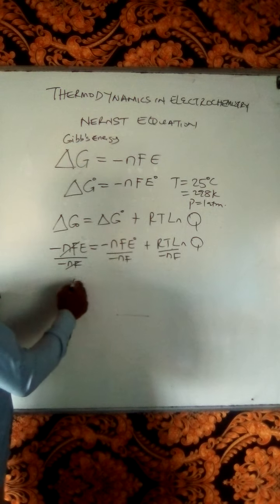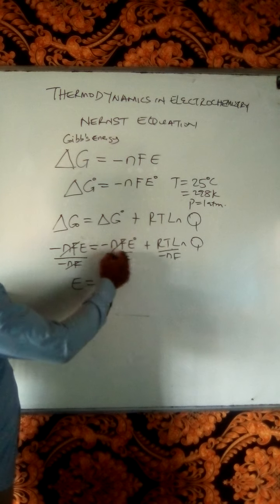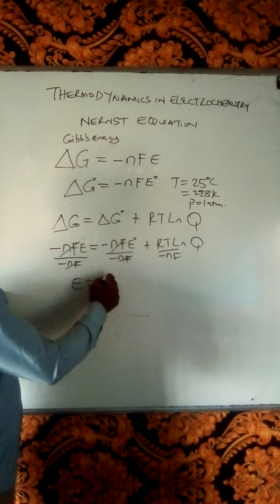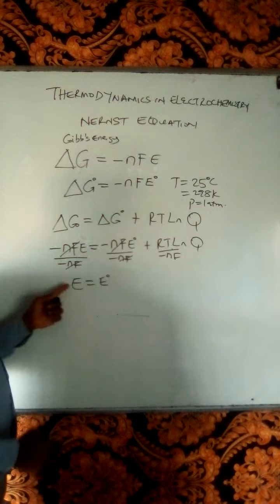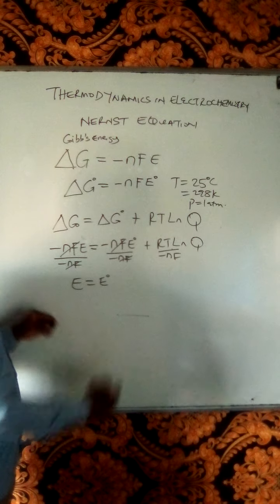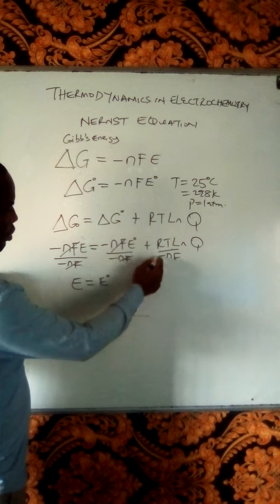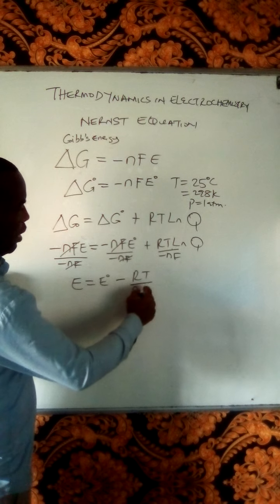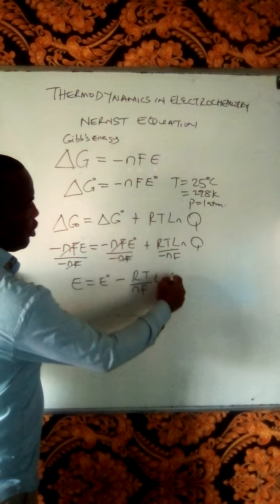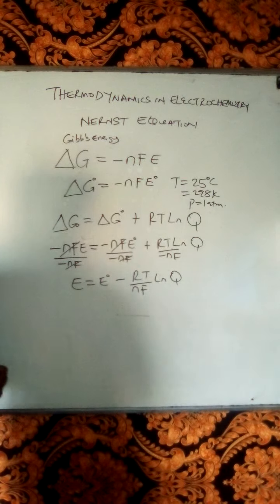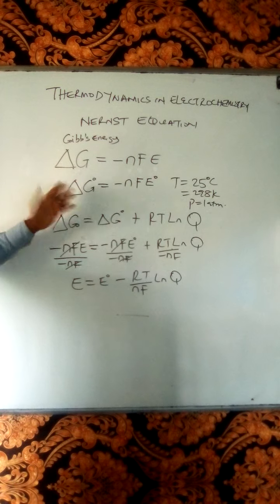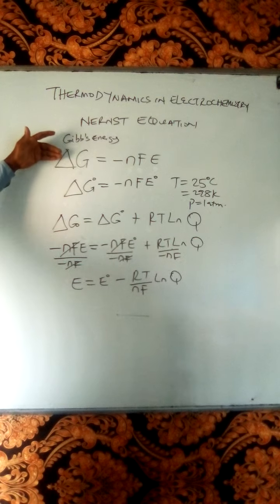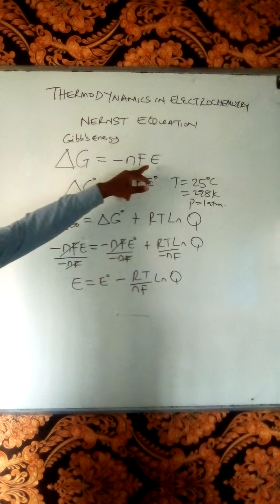We have E equal to E at standard state, minus RT over nF ln Q. So we look at the work we have done.